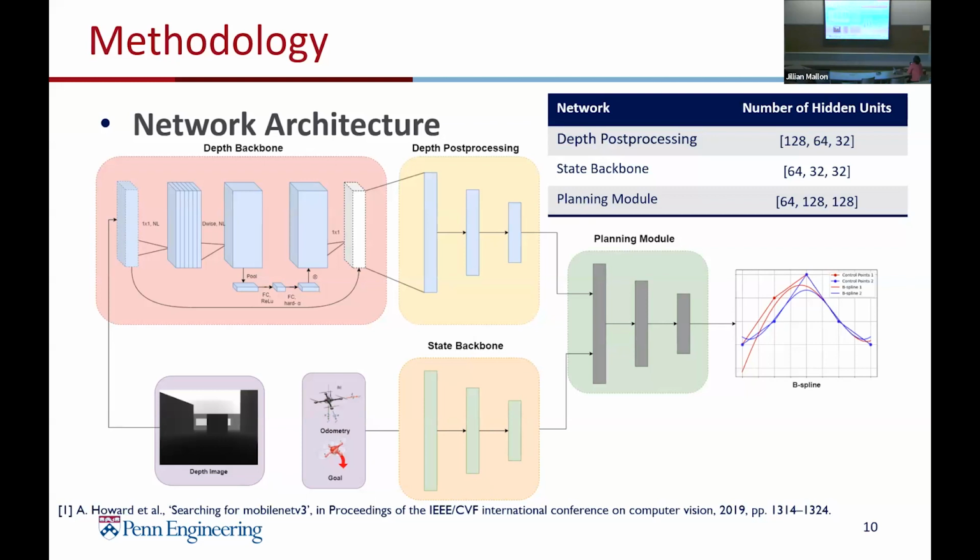In order to avoid training the feature extractor from scratch, we use MobileNet v3 with ImageNet-1K weights as our foundation for training the feature extractor. During training, we fine-tune it with backpropagation. Since MobileNet v3 was proposed as a classification network rather than for feature extraction, we add an additional depth post-processing module in order to convert the classification output to corresponding feature embeddings.